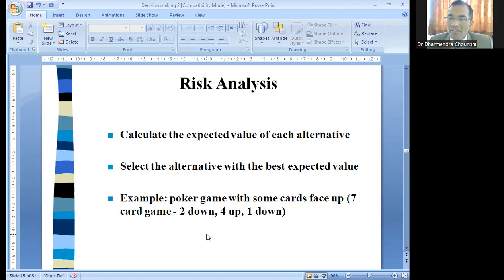By using this software and technology, we can go very close to the accuracy, sometimes 99.9. We always talk about the proficiency and the efficiency of this software. Select the alternative with the best expected value.